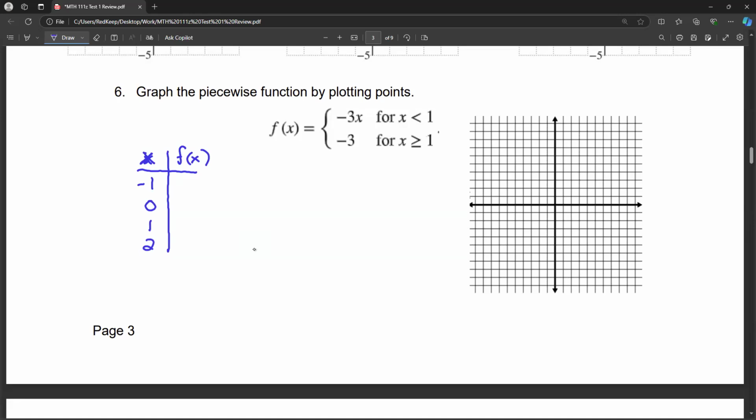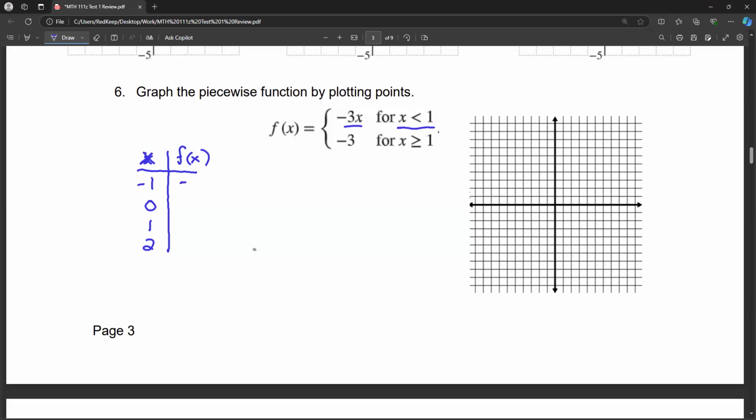X equaling -1, when I plug this into the function, right? This is a piecewise function, and so we'll look at it thinking, well, the x value of choice is -1, and that's less than 1, right? So I'm going to go ahead and use this function, -3x, when I have x equaling -1.